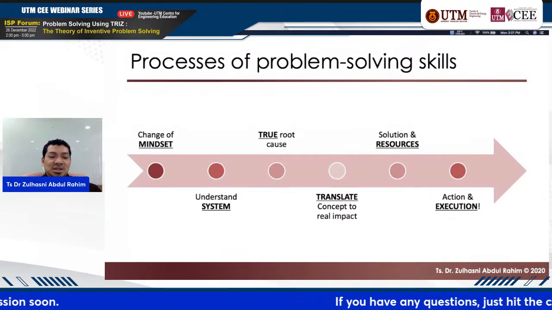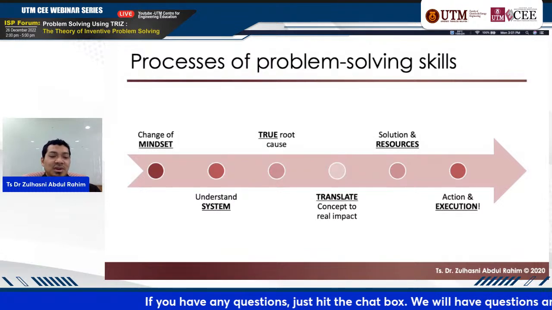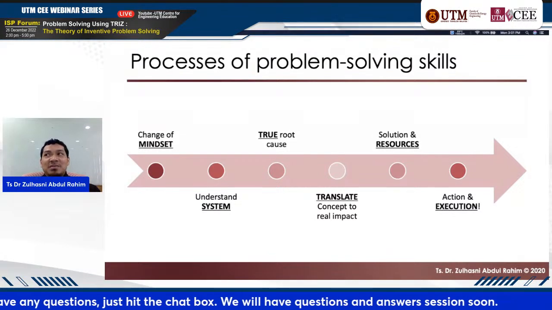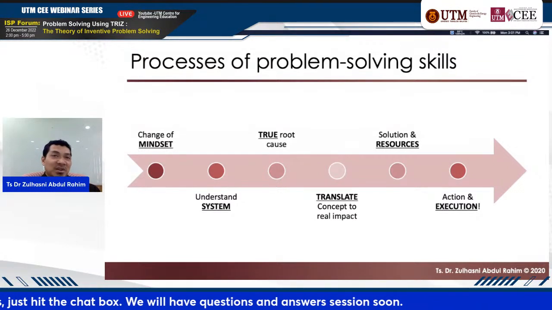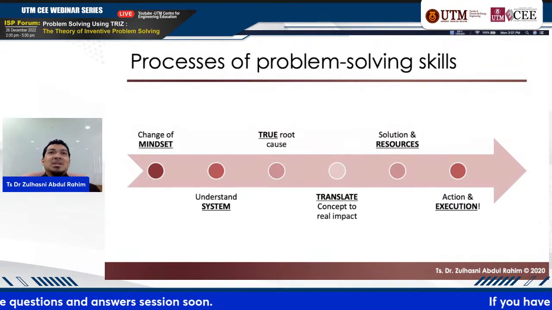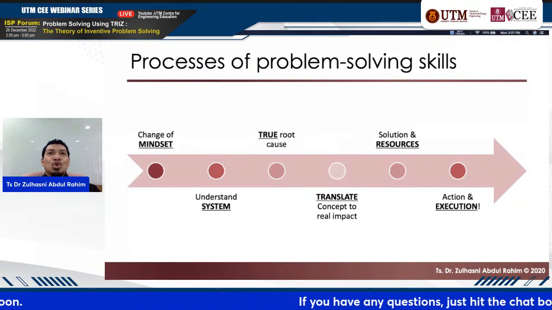It makes your problem solving become more objective, easier, more effective and impactful in terms of problem solving. And then the third part is actually to find the true root cause.